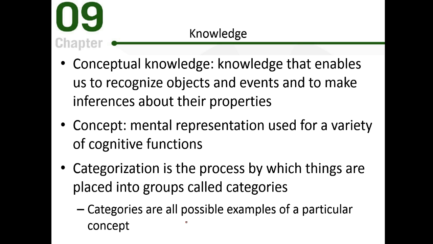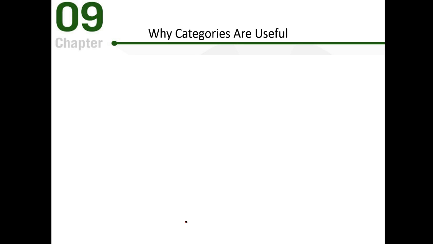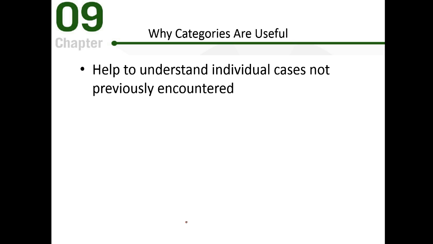You might be wondering, why are categories useful? Cognitively speaking, why do we need categories? It turns out that our brain, our cognitive system, naturally uses categories because they are very useful. For example, they help us to understand individual cases that are not previously encountered.